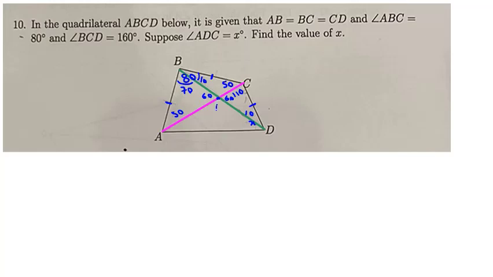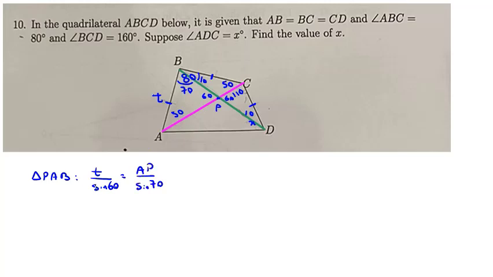If I call this one P and I use the sine rule in triangle PAB, then I will have, writing this term as T, T over sine 60 equal to AP over sine 70.